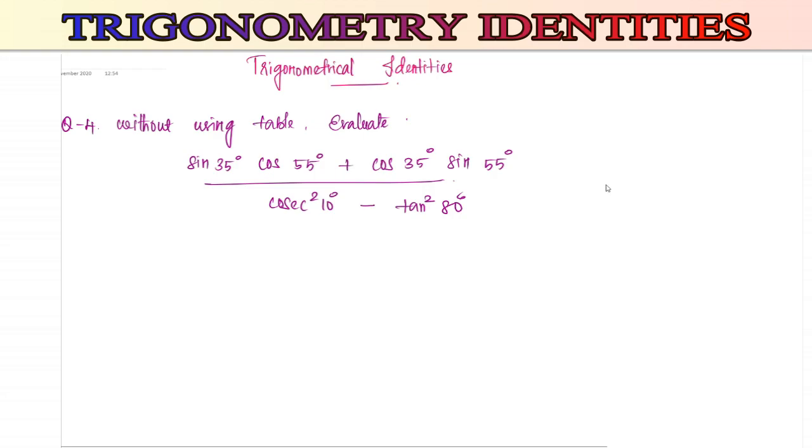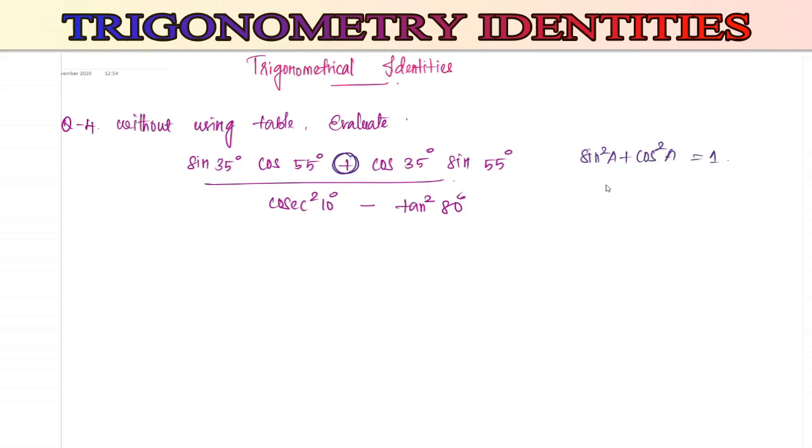Remember, when you have a product of two terms and in between you have plus, you have to form the given expression in the form of sin square a plus cos square a, so that the value you will get is 1.